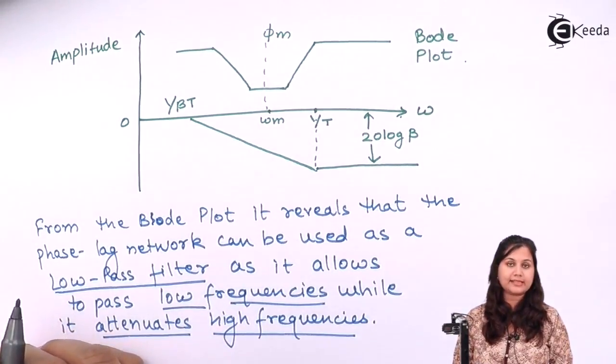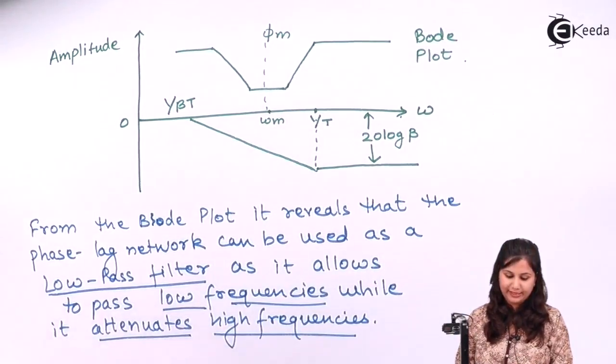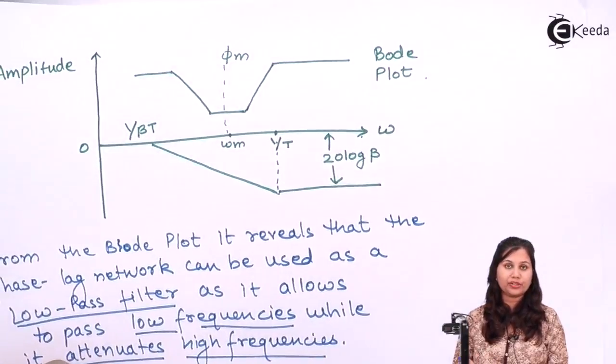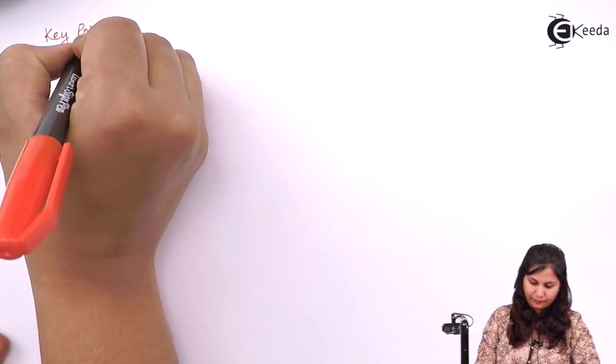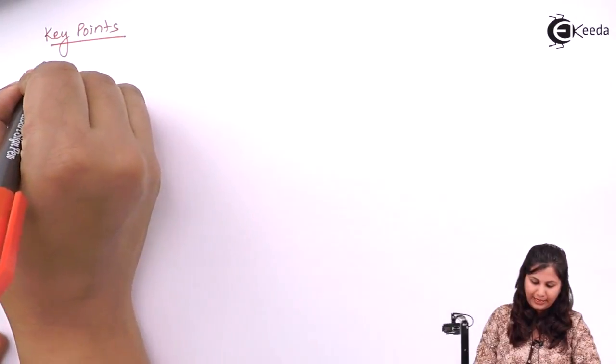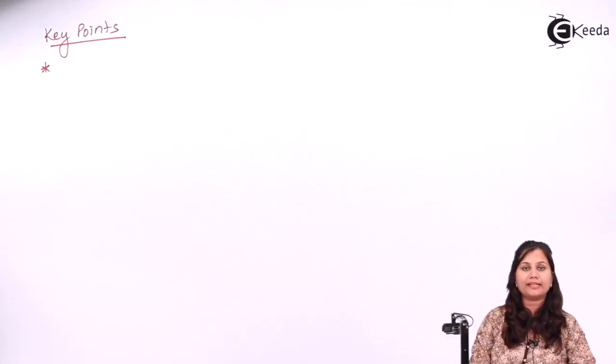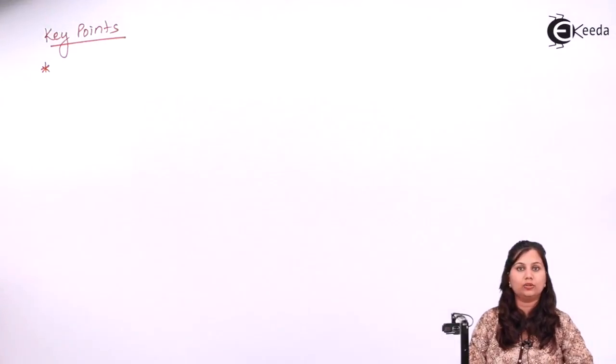Now let us study some key points of this phase lag network, that what are the uses or what are the effects of this phase lag network. As we have seen that the phase lag network can be used as a low pass filter.